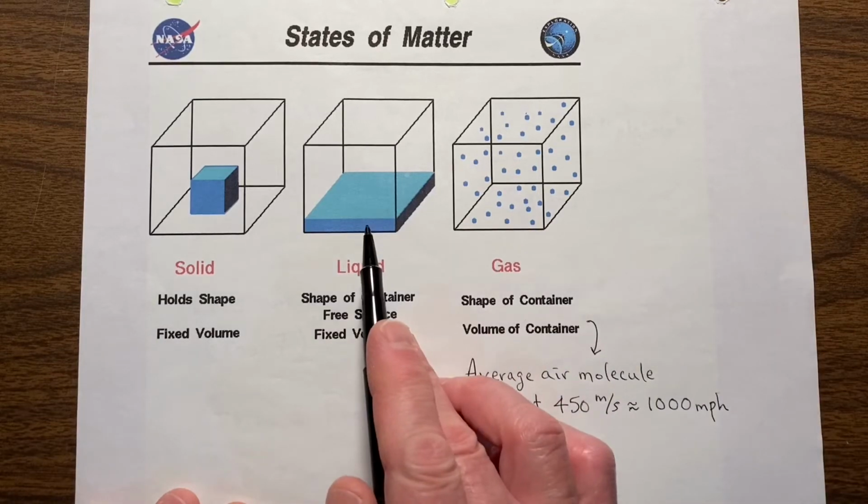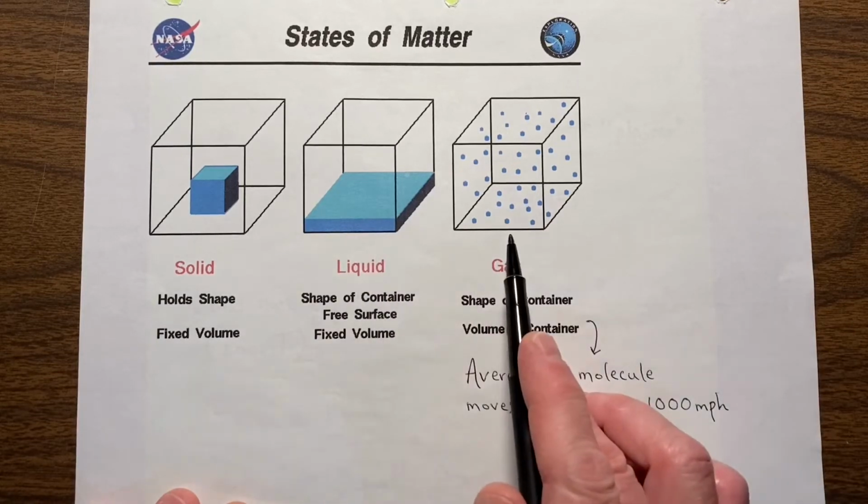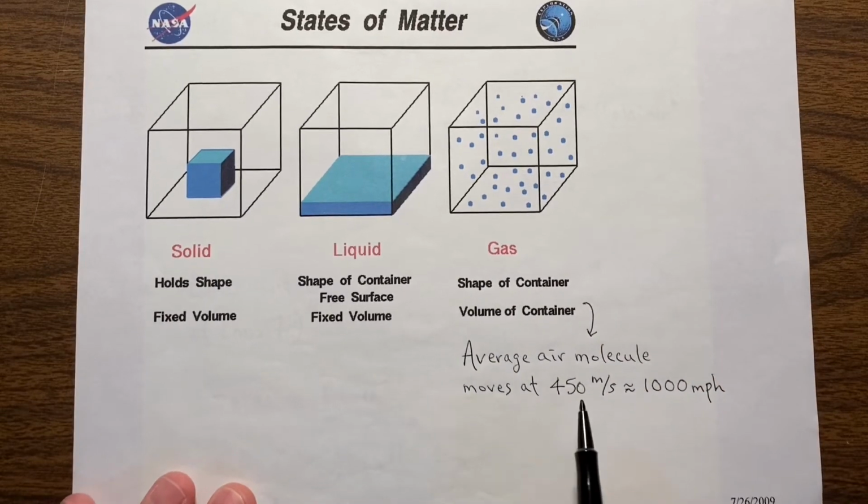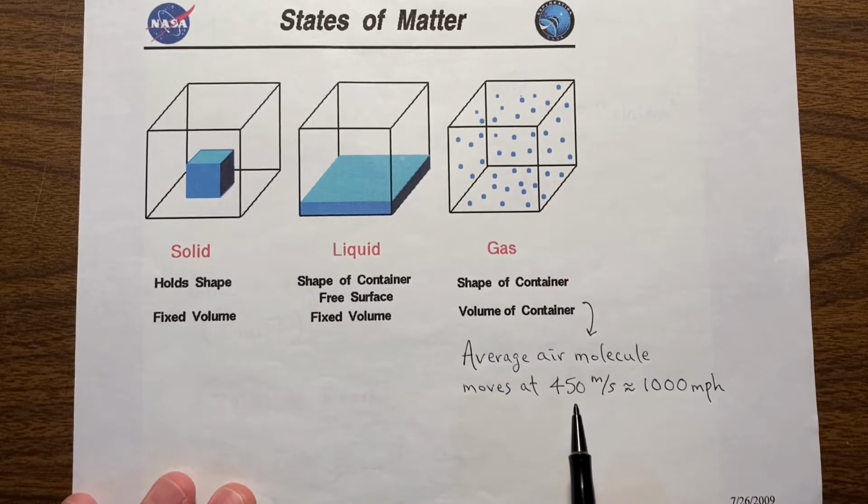If you heat the sample even more, you can cause the molecules and atoms of this liquid to escape into the gas phase. At room temperature, actually, the air molecules that you're breathing in are moving at about 1,000 miles an hour. We'll spend an entire chapter of this course just dealing with the behavior of gases.